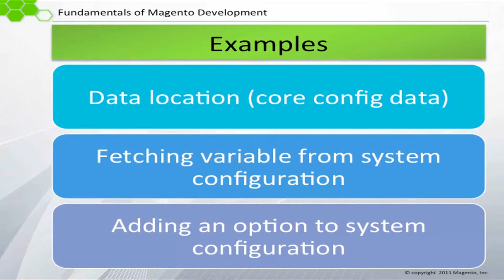Okay. So fetching a variable from the system configuration. We did that on the very first day. Yeah. Mage get store config or mage get config. Yes. Get node. Adding an option to the system configuration.